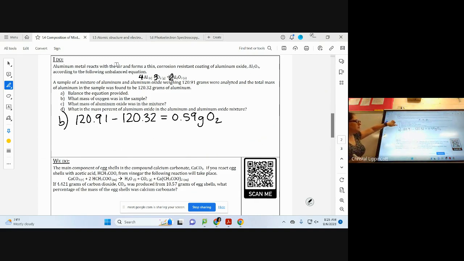What mass of aluminum oxide was in the mixture? Okay, if I know my oxygen amount, I can use my wonderful, and I know you guys love this so much, dimensional analysis to help you. I have my known amount of oxygen here.